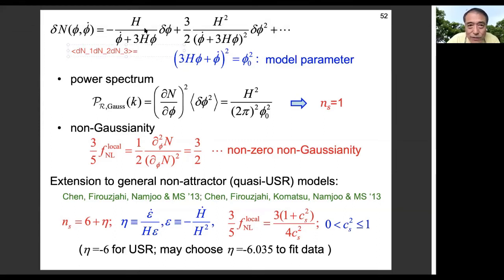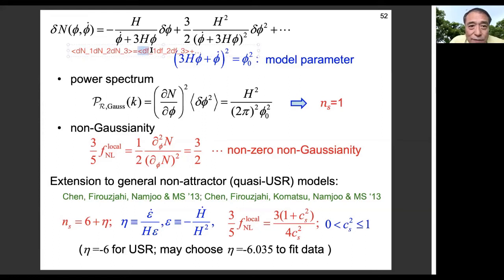It's proportional to some term which is d phi: df1, df2, df3, plus dots.